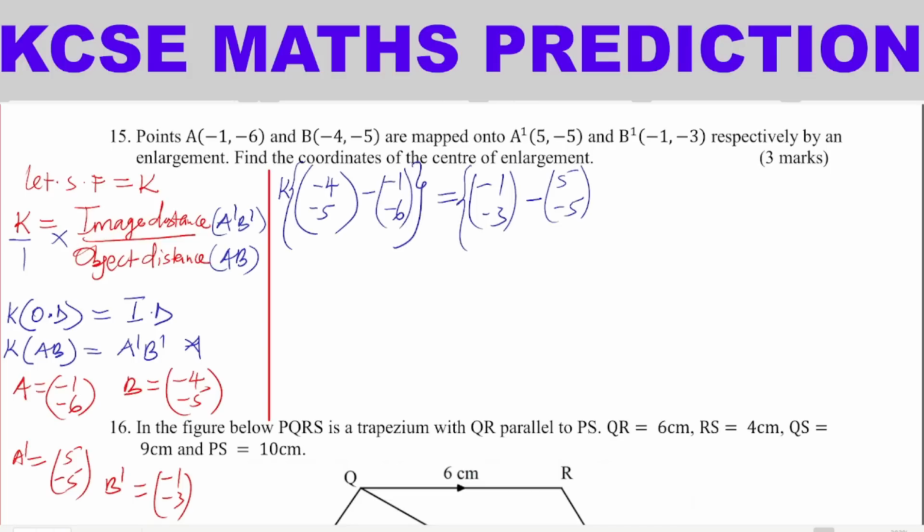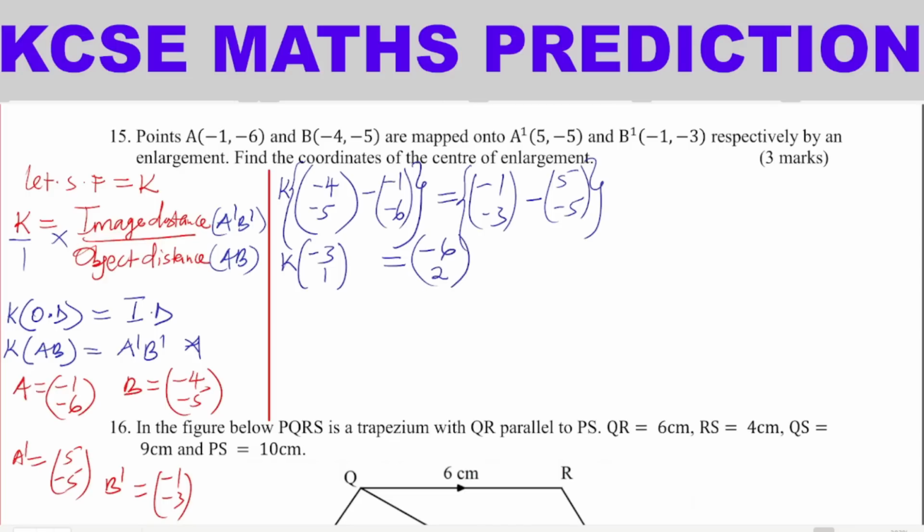That is what I need to work on. So very fast, this will be K. When you work out everything there, -4 subtract -1, that is -4 plus 1, which will be -3. Then -5 plus 6 will be 1, is equal to -1 subtract 5 gives -6, and -3 subtract -5 gives 2.